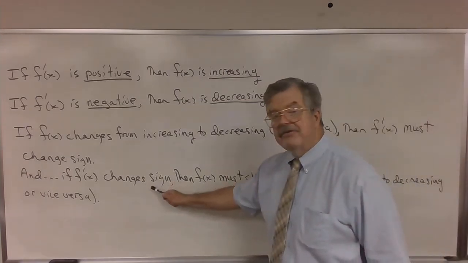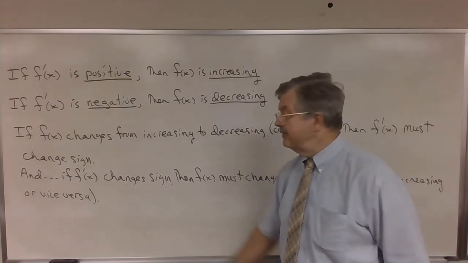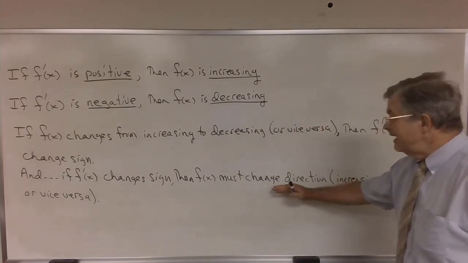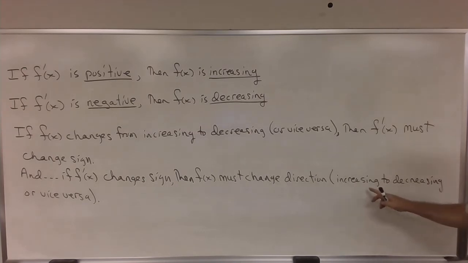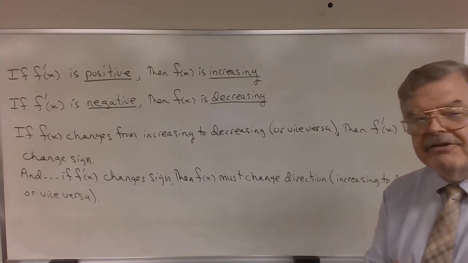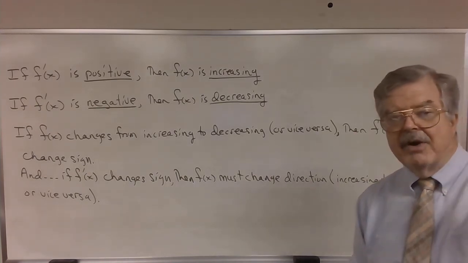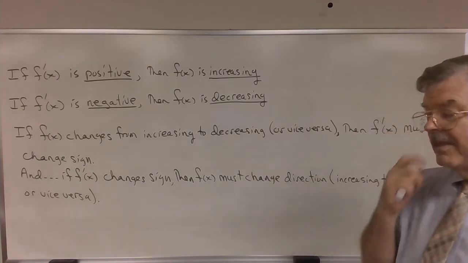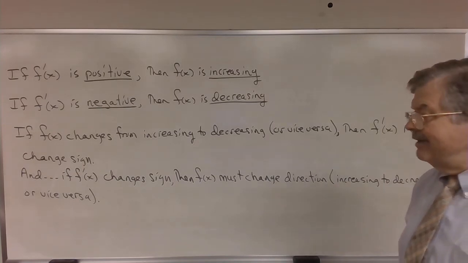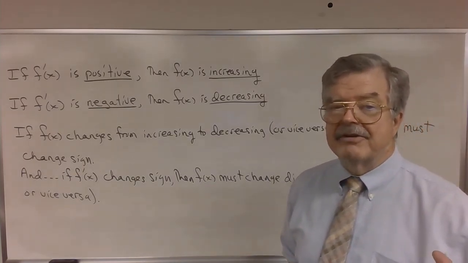If the derivative changes sign, positive to negative or negative to positive, then f of x has to change direction. It has to change from increasing to decreasing or decreasing to increasing. If there's no change in the sign of the derivative, then f of x just keeps going in the same direction. On the other hand, if the derivative does change sign, the graph has to change direction, and vice versa.